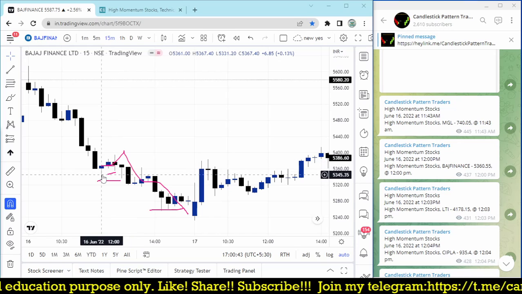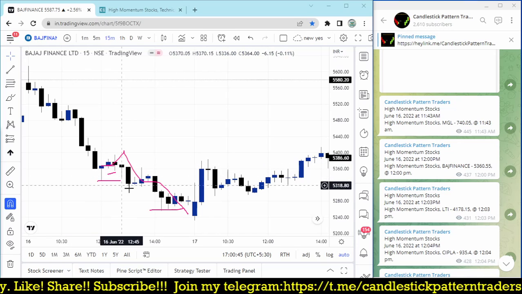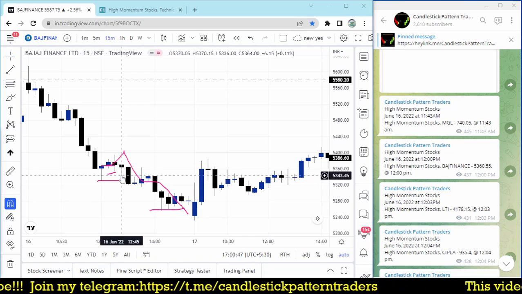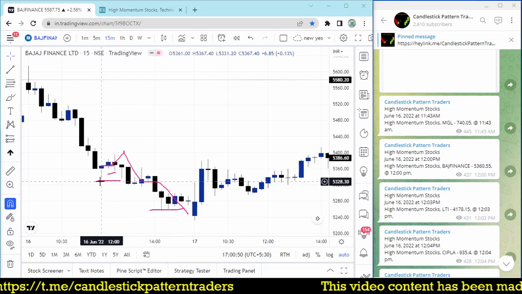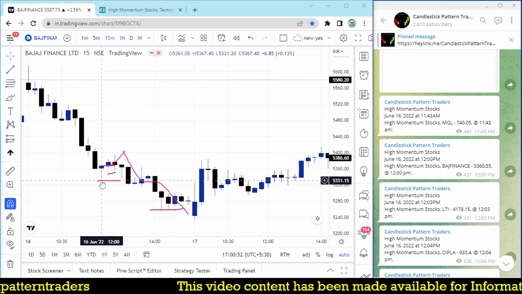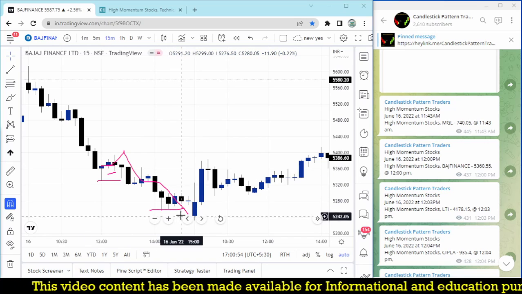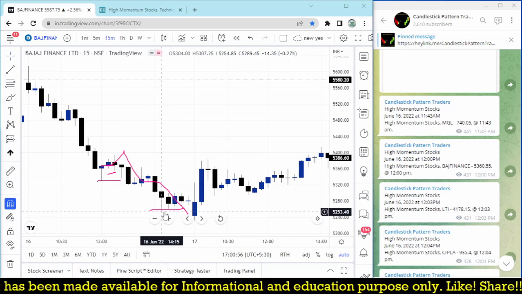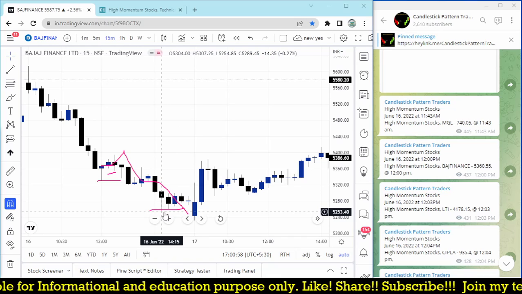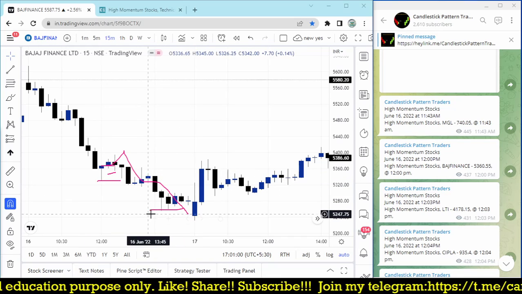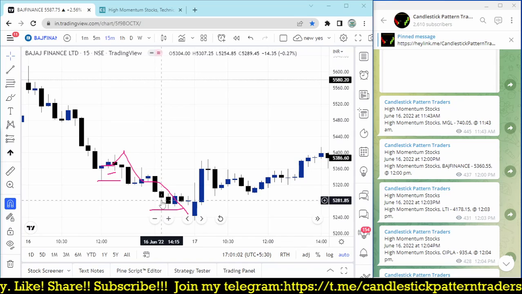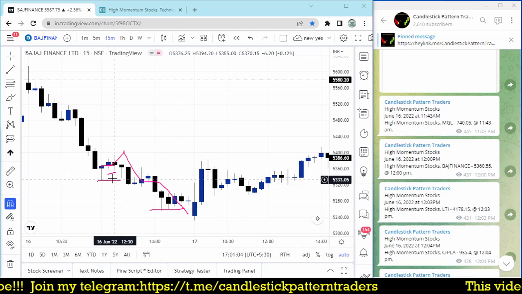From this entry point it moves only some 30 points and it triggers your stop loss, then a reversed kind of trade from the low of 5331 falls down to a maximum low of 5254, almost 80 points, right? But we are taking the risk of 30 points.